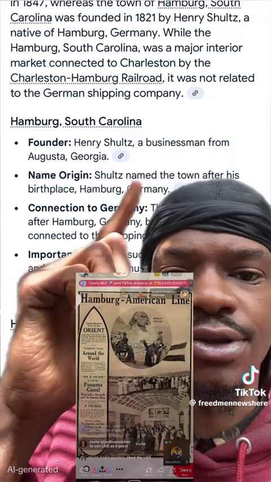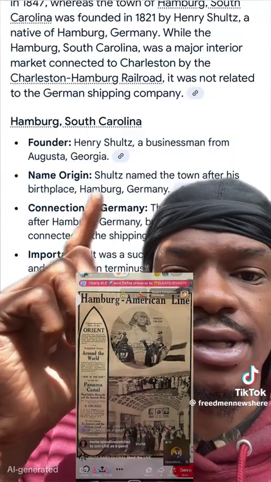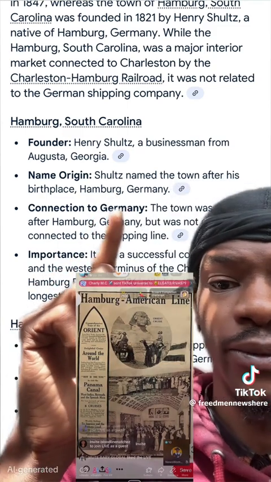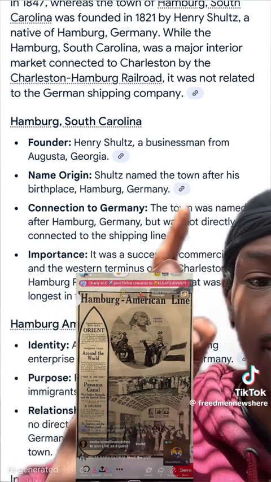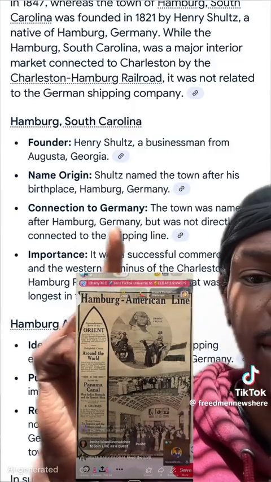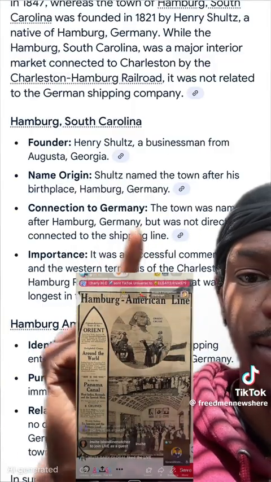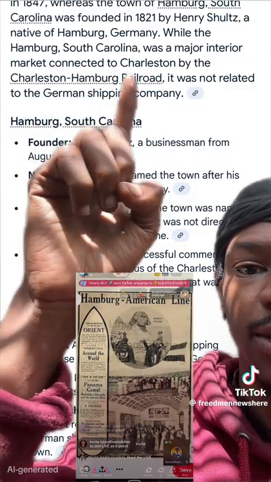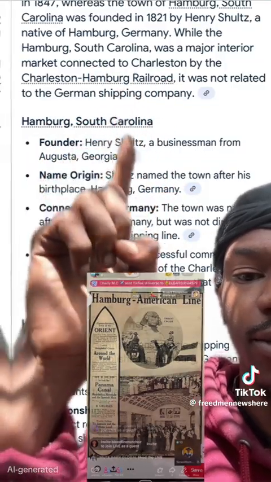Name origin: Schultz named the town after his birthplace, Hamburg, Germany. Connection to Germany: the town was named after Hamburg, Germany, but was not directly connected to the shipping line because it's got to go there. The connection connected to Charleston by the railroad.